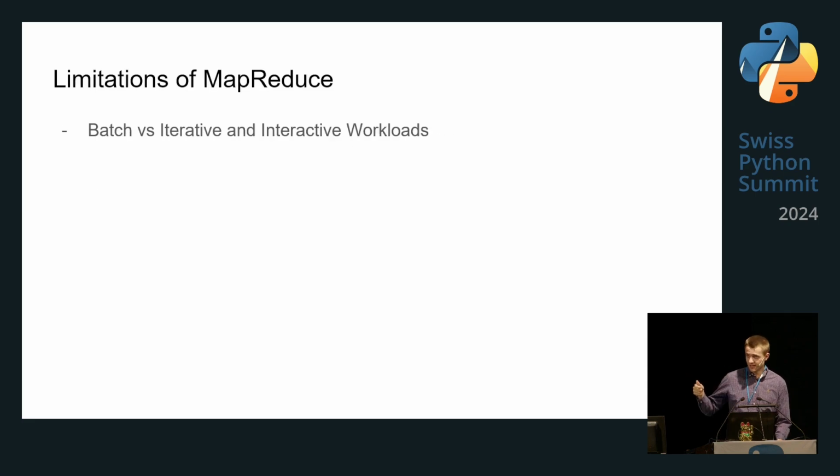What came before Spark was MapReduce, and what they found using this in practice is that it was very good for a batch workload, something like producing Google's search index, scraping the open internet, and it could do that quite well. But for more interactive and iterative workloads, it wasn't as good.